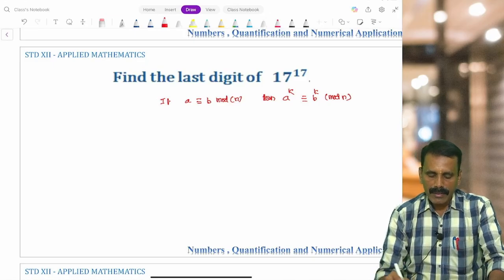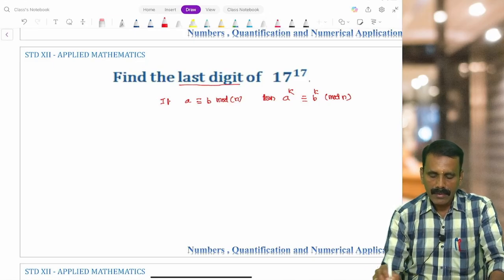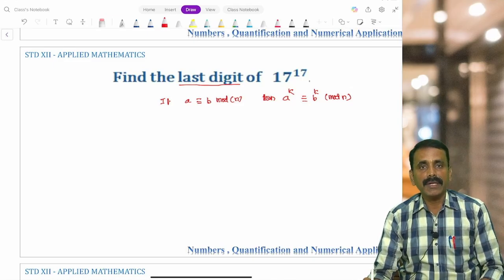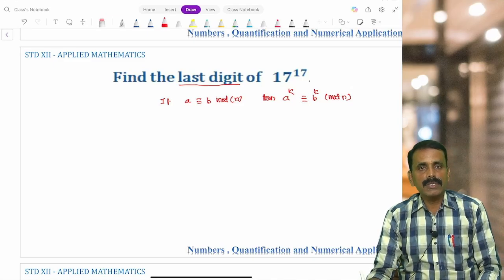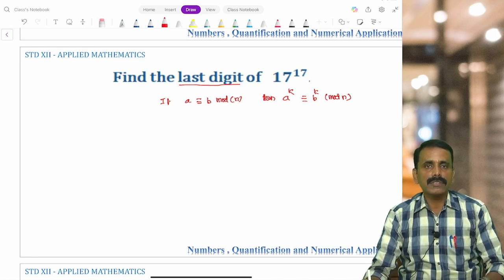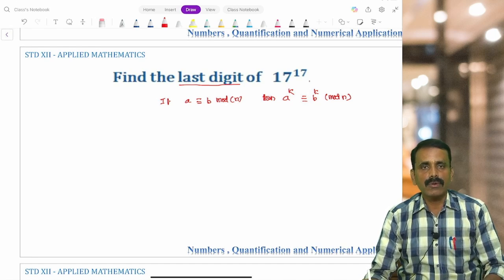Since we are going to find the last digit of the expression, we are supposed to divide the given number by 10. Last two digits means we have to divide it by 100. If it is the last three digits, we have to divide it by 1000.